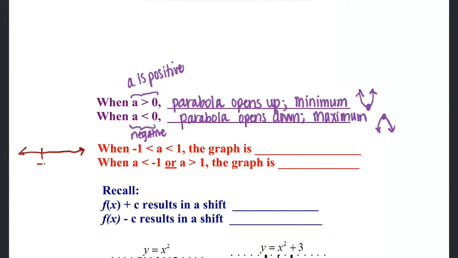When A is between -1 and +1, the graph is wider. And that is a vertical shrink.